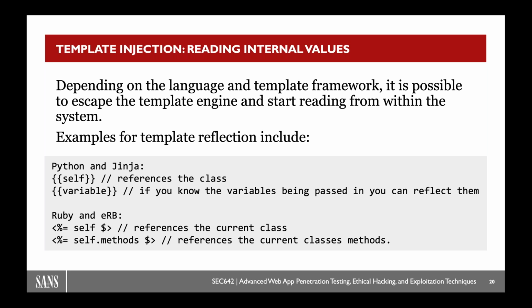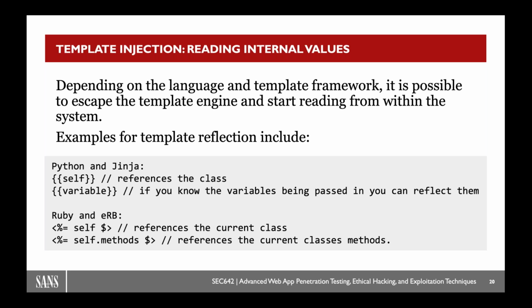Every object-oriented programming language will or should implement some way of recognizing the class values that you have. As an example, if in Python and specifically in Jinja, I pass the self-referencing object or the class, or I pass the variables into a template injection area, I should be able to read everything about this class.